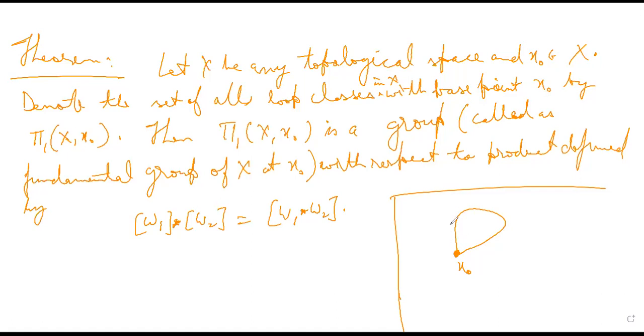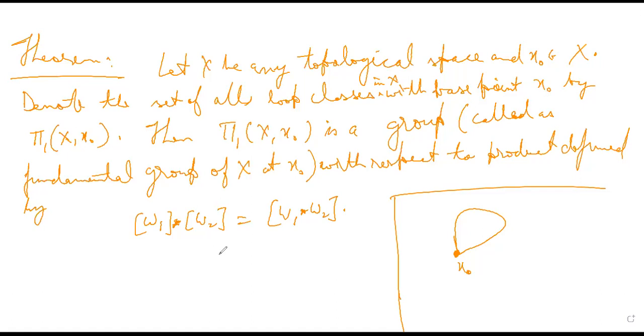Once we have the origin and end points the same, if omega 1 and omega 2 are two loop classes, then they have the same origin and end point, x naught, so of course there is no problem in considering the product.